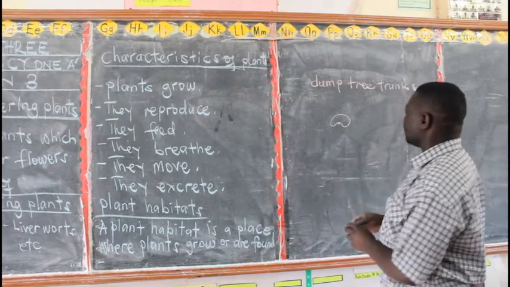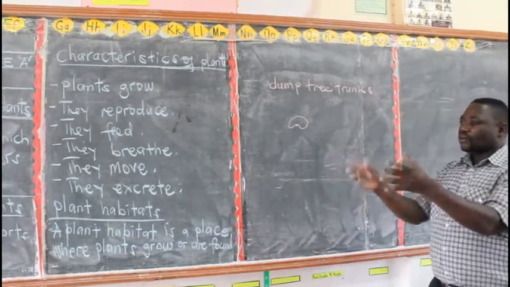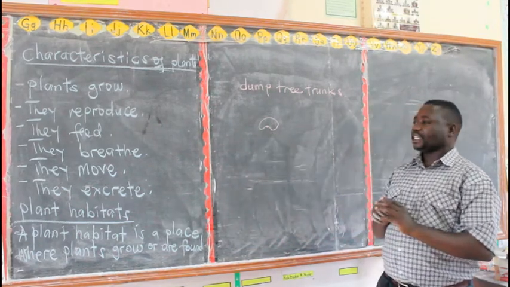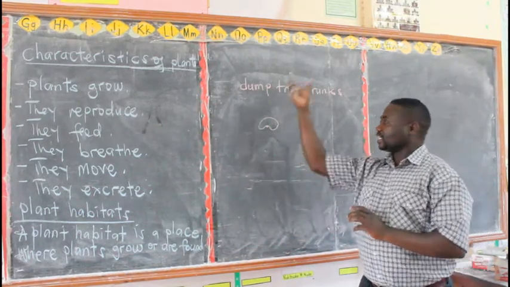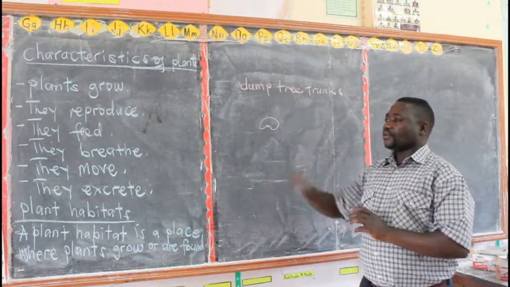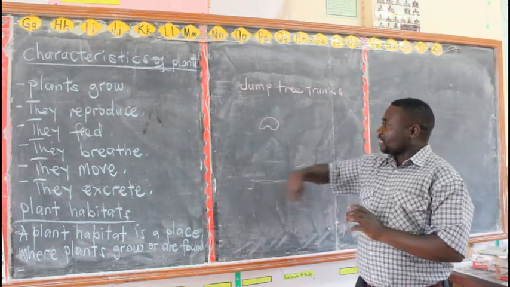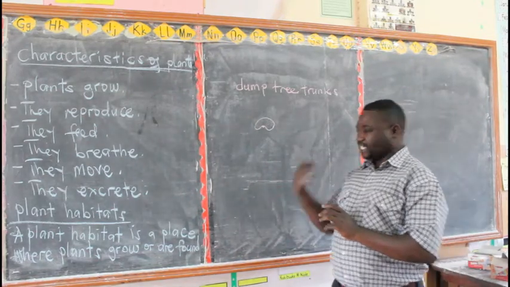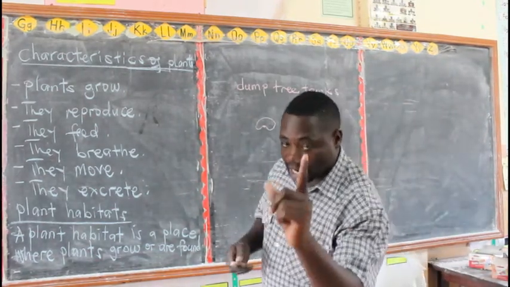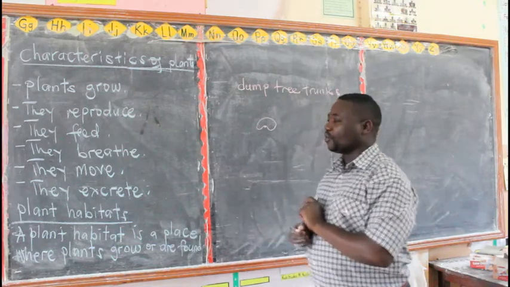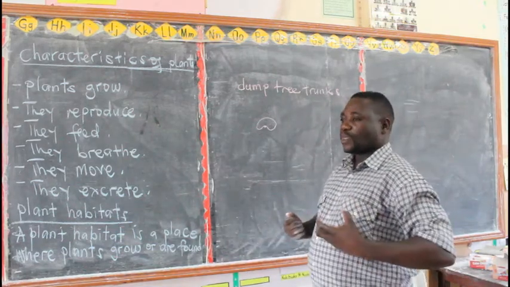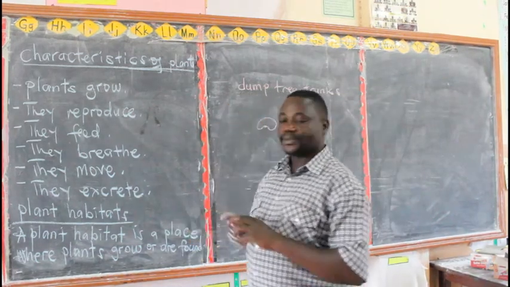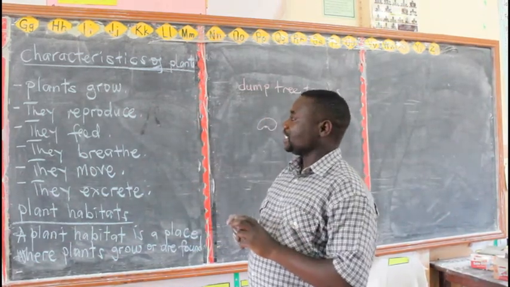When you put this seed in water or in soil containing water, this seed will germinate, and it is an indication that the plant now is growing. Once the seed germinates, it will now develop into a seedling, and therefore a plant will be developing or growing. Even us also, we also grow. Therefore plants grow.